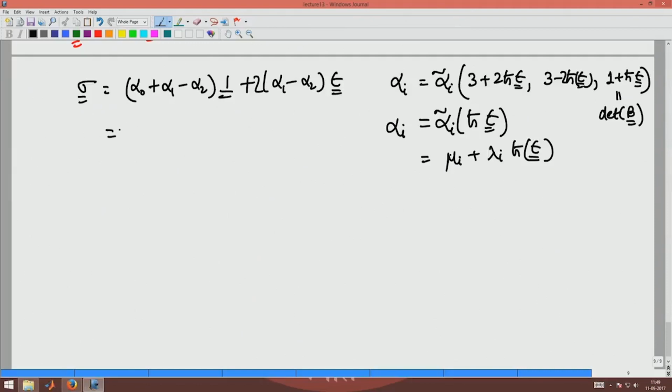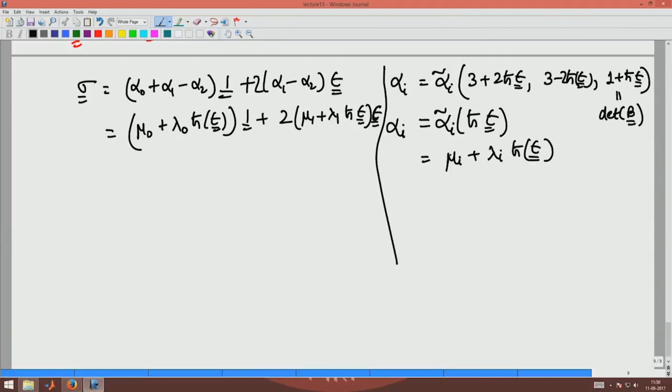I will get sum of linear functions. So, it will be (mu 0 I plus lambda 0 trace epsilon) times identity plus 2 times (mu 1 plus lambda 1 trace of epsilon) epsilon.